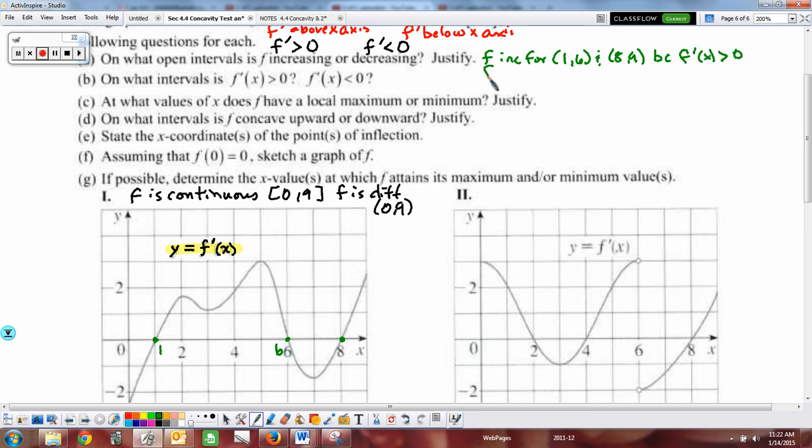Then we would say that f decreases for, where is it below the axis, from 0 to 1, and from 6 to 8. And that's because the derivative graph you were given is less than 0. When you're given a graph, make sure that your justification uses the graph as your reason, because that's what you were given.